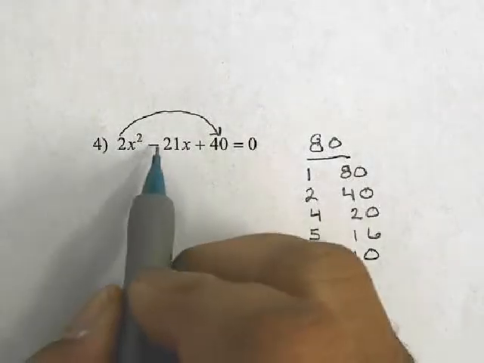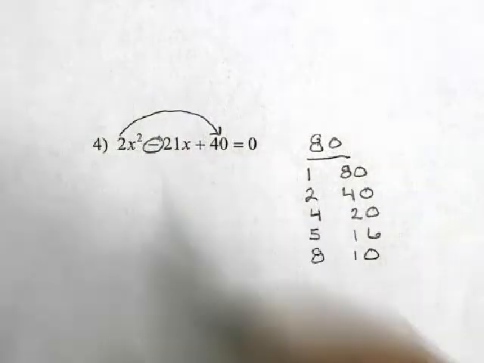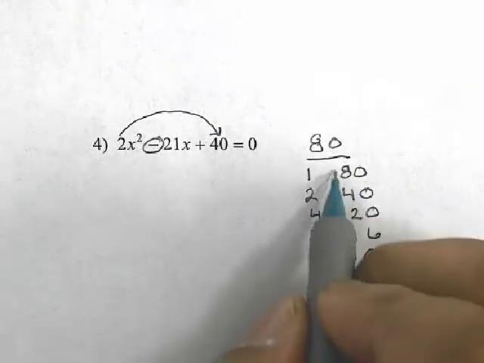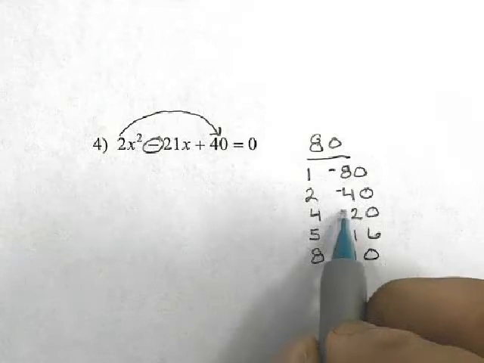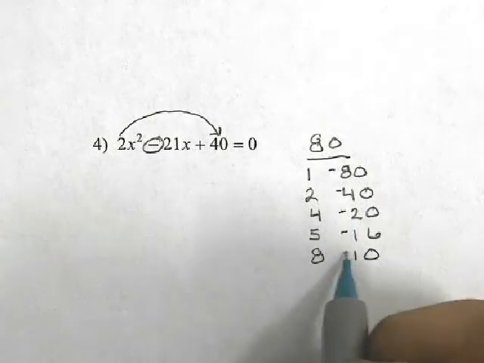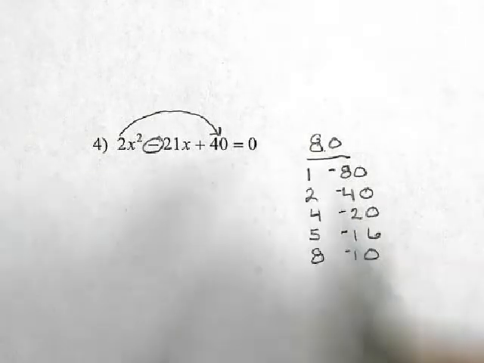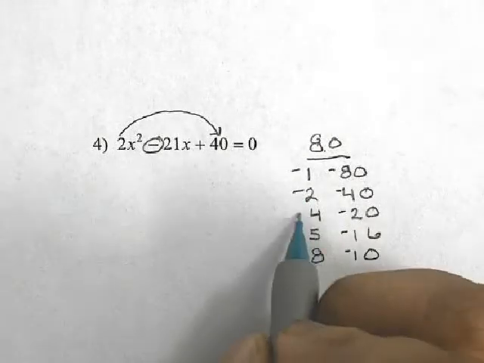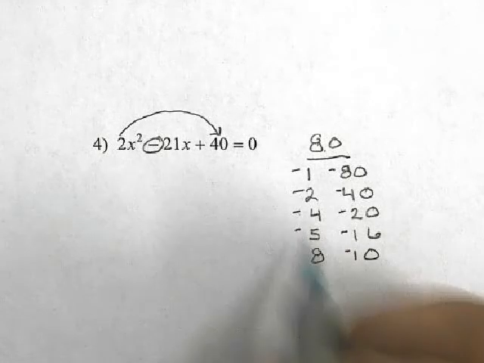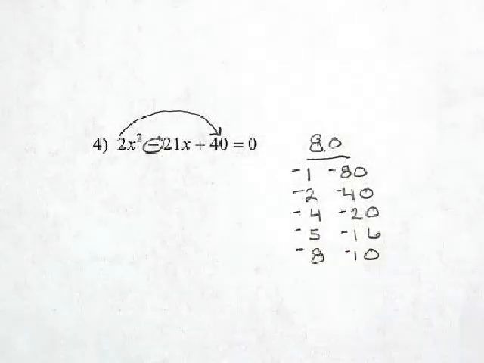Now, this first sign tells me what the larger signs are going to be. They're going to be negative. But that's positive 80, so we have to change the smaller ones to negative, because a negative times a negative is a positive.